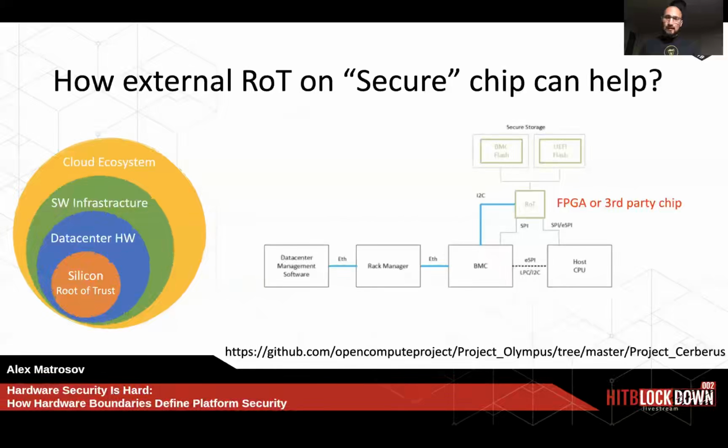It is very important for modern cloud providers to have their own transparency and visibility across the device. Because if you have a third-party software and hardware controlling the root of trust, it's really hard to validate it and understand that it was not modified with any additional functionality or malicious code.